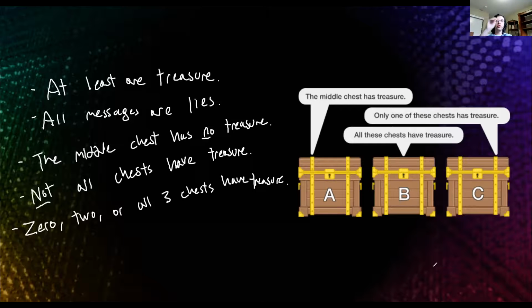If I know 0 or 2 chests have treasure, and I know there's at least one treasure, then I know there must be 2 treasures. There are only 3 possibilities for this: A and B, A and C, or B and C. If the middle chest has no treasure, then the only possibility remaining is the one that doesn't use B, which is A and C. Therefore, A and C are the chests that have treasure.